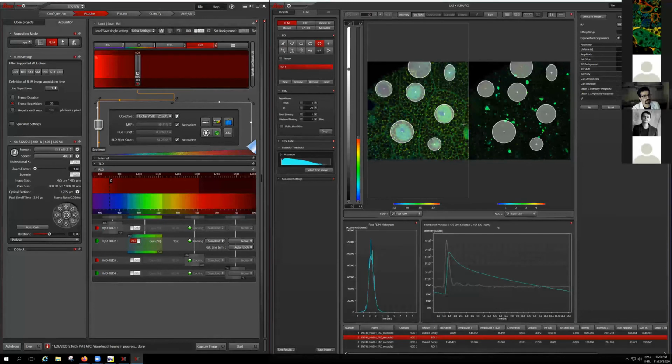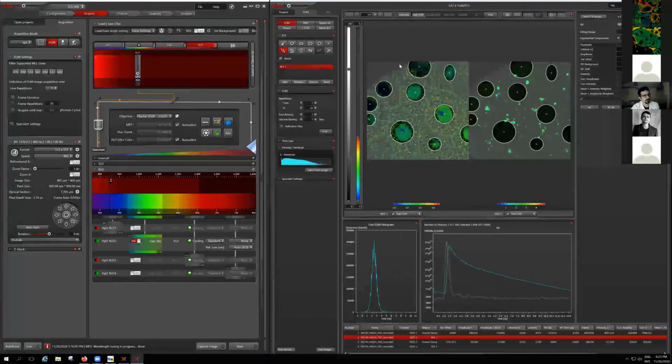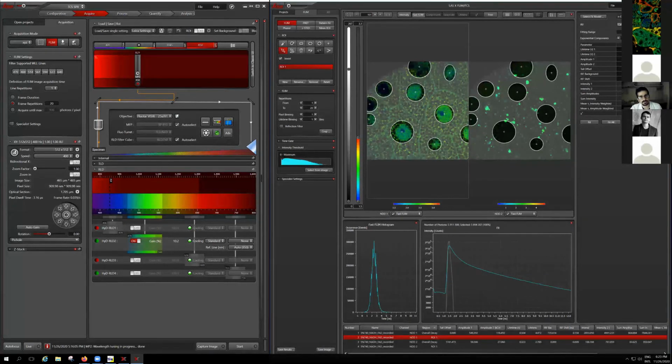As you see, I'm just choosing the nuclei and these two parts as well. And then when I say invert, what is going to be analyzed is only the cytosols and this part, which is the background. So here, I'm going to, first of all, fit all of them for the whole field of view, 2 components, and calculate an IRF, and I do the fit all.